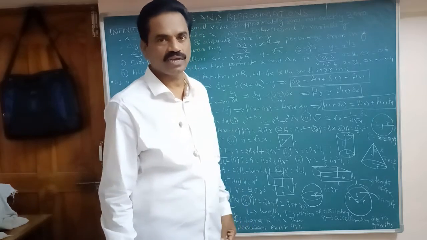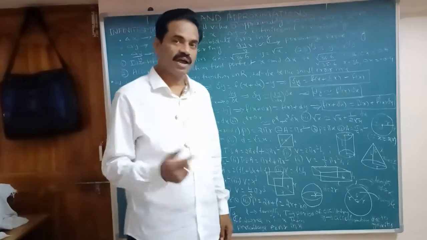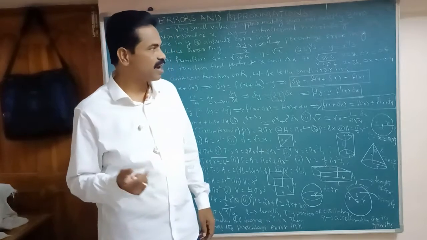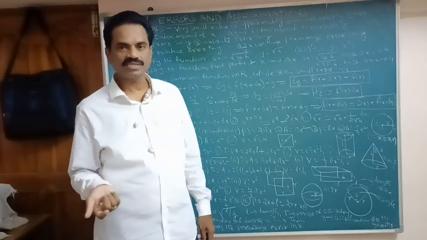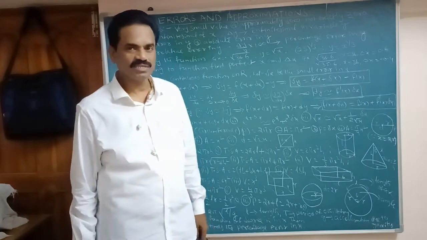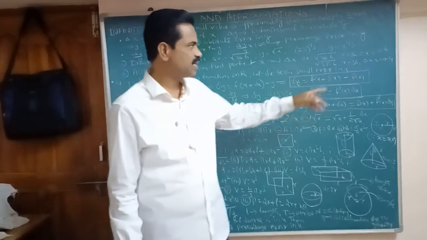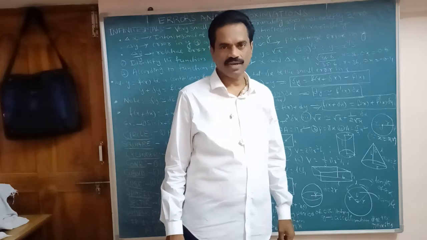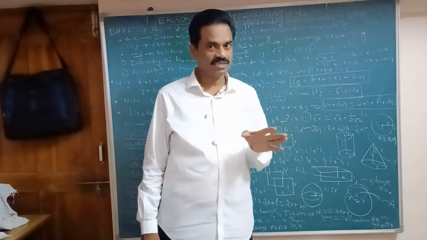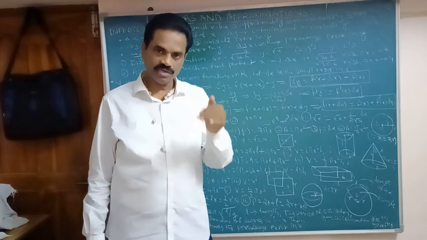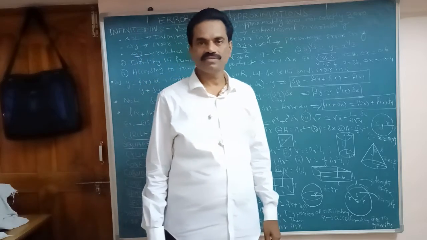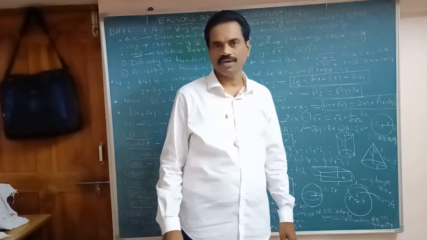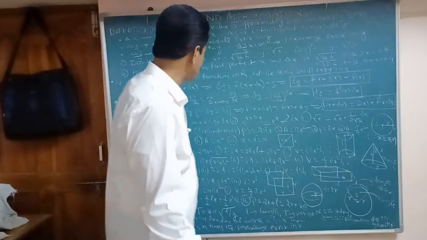Take x equal to 36 and the given value 35.6, then subtract. So delta x is minus 0.4, because we are decreasing from 36, so the error is minus 0.4.